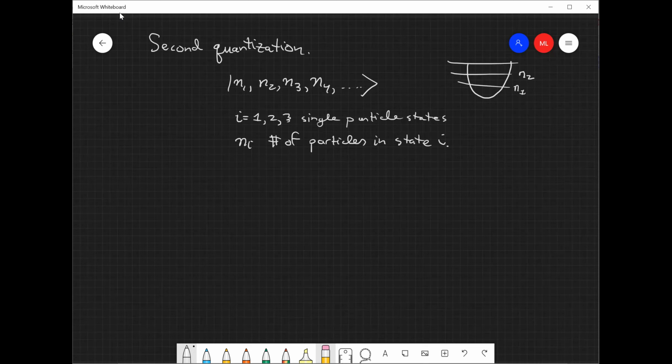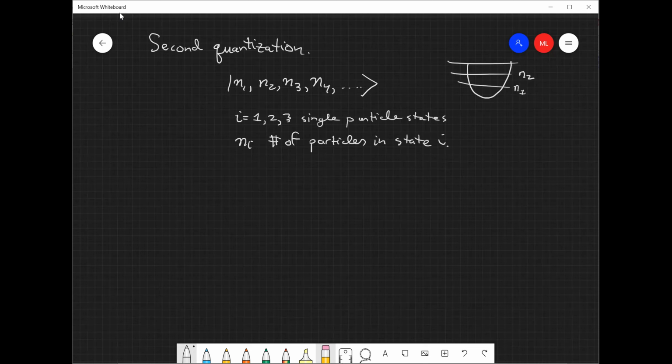So this is typically infinite. The way we deal with it is we don't want to keep writing out the whole big ket. We want to be able to create these states by applying operators to some kind of reference state. And the reference state is going to be just the one where there are no particles.